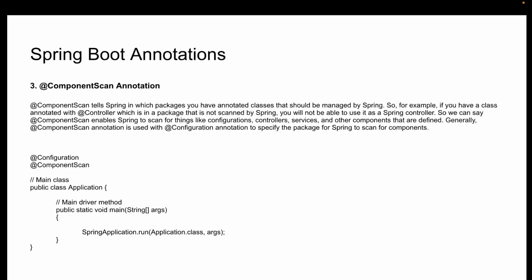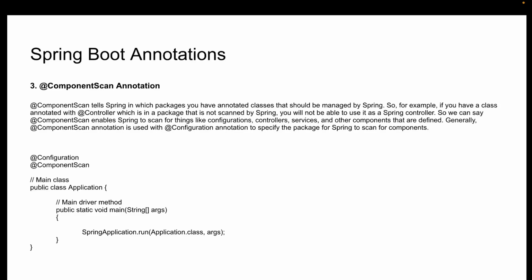Okay, so in short, we have the component scan annotation, and we have several classes which are annotated. Let's say we have some service class, some repository class, and some component classes.